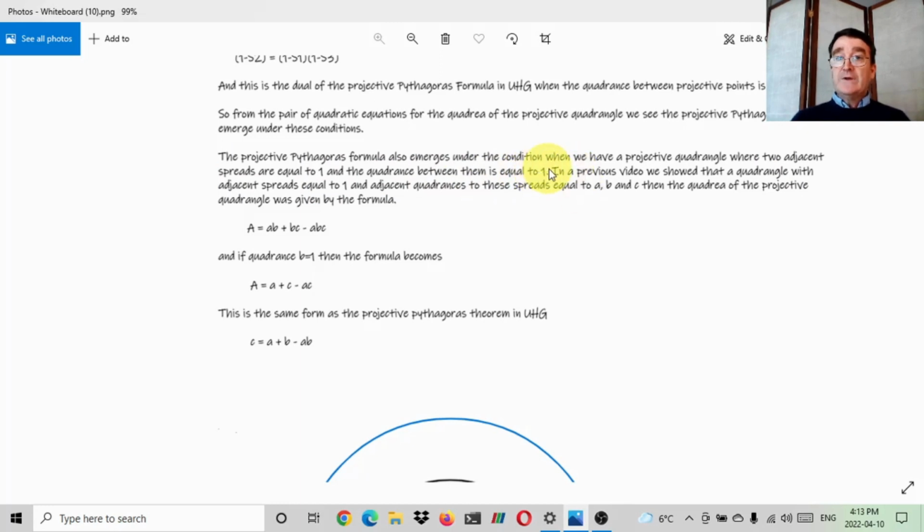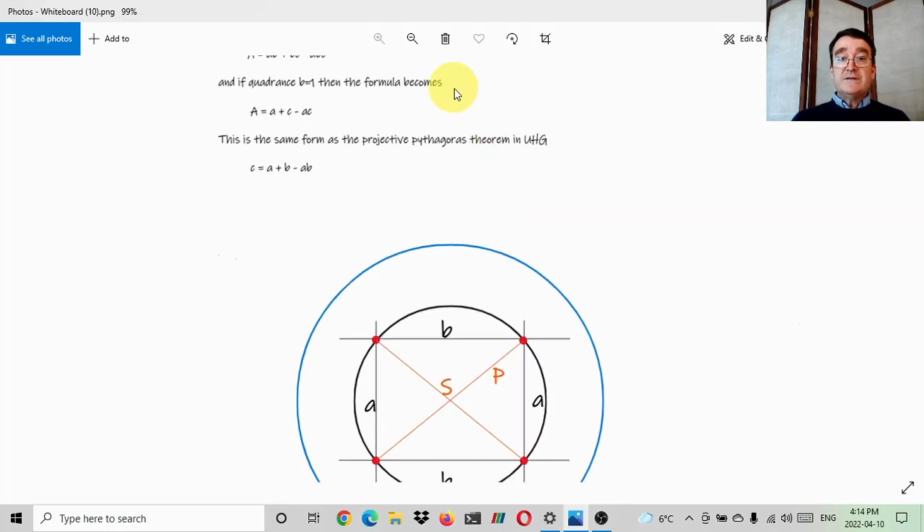This formula here becomes A equals A plus C minus AC. And we note that this formula is the same formula as the projective Pythagoras theorem in universal hyperbolic geometry given here. So in universal hyperbolic geometry, the projective Pythagoras theorem says C is equal to A plus B minus AB, and we're getting the same thing here, A plus C minus AC is equal to some quantity.